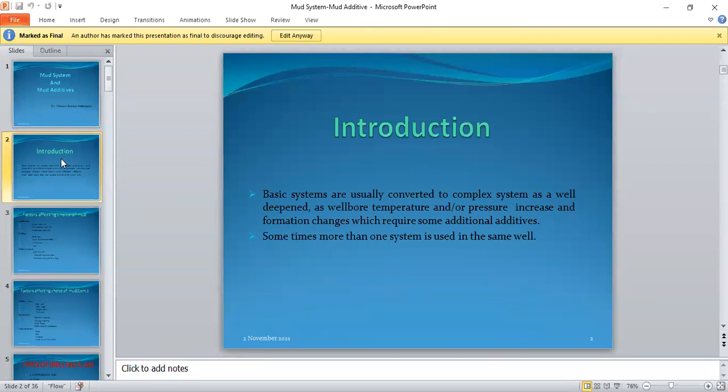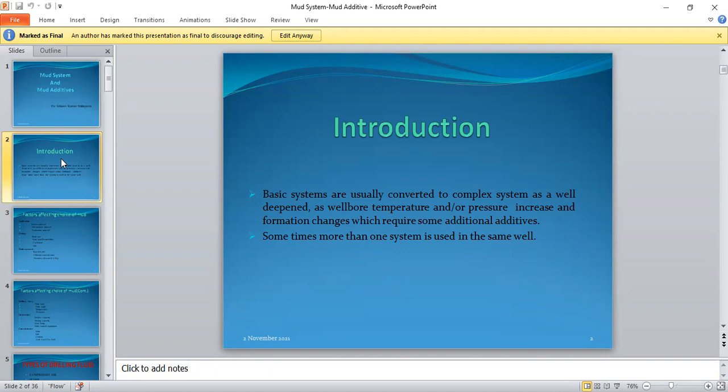Basic systems are usually converted to complex systems as a well deepens. As a well deepens, that means as you start drilling from the top, you make 10 meters of hole. As you're drilling down, the mud system is becoming complex.